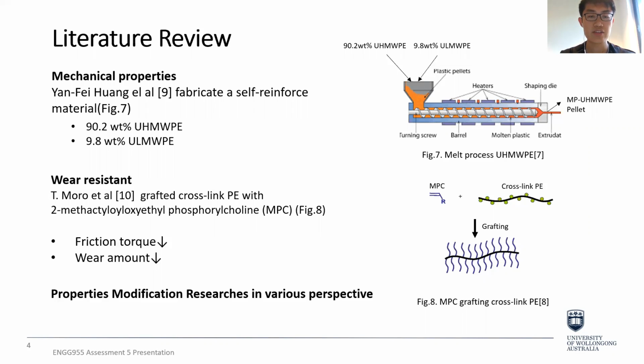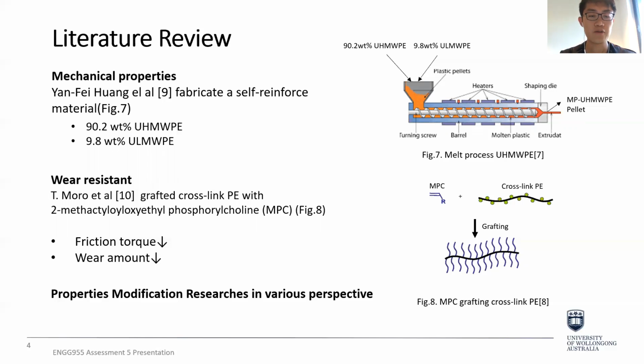Next, there is a study about the wear-resistant property. The wear of artificial knee joint can cause aseptic loosening and fear of replacement. As shown in Figure 8, Tomoro tried to reduce the wear by grafting cross-linked PE with MPC polymer.